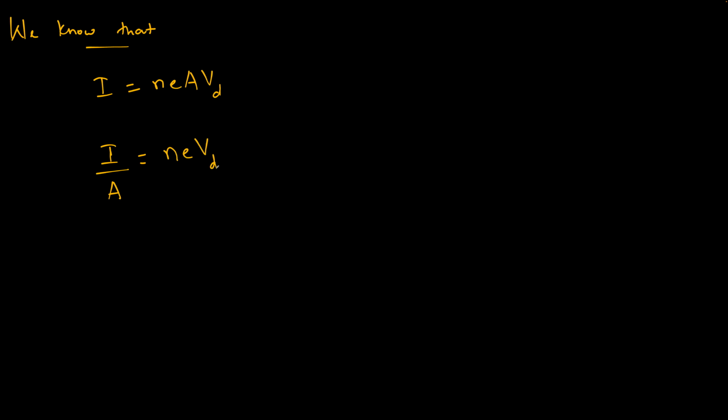If you observe, this is basically the amount of current which is flowing per unit cross-sectional area. If you take this to be the conductor, there is current flowing through this. The amount of current flowing per unit cross-sectional area is what we call current density. So this is also a density, but the name given to this is by the quantity in the numerator: current per unit area. So it's called current density, which is represented by the symbol J.